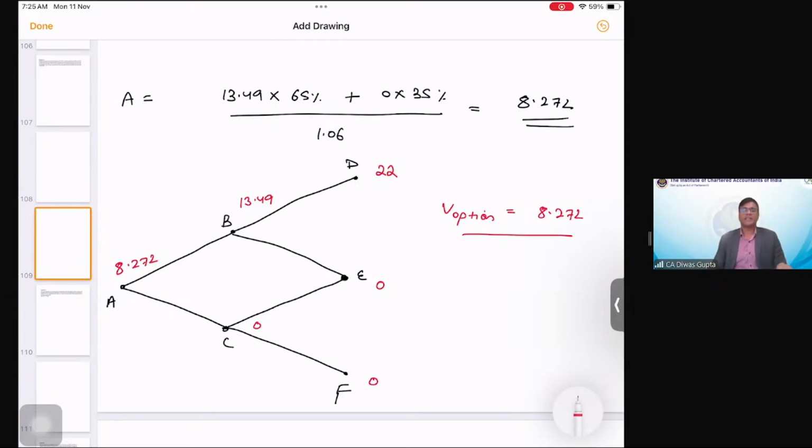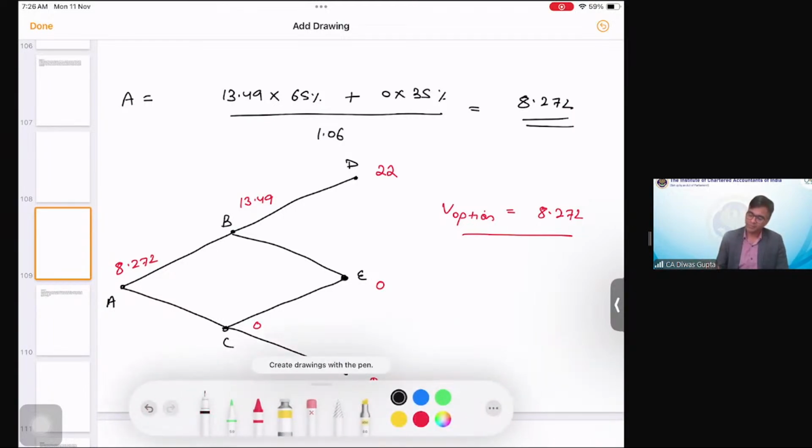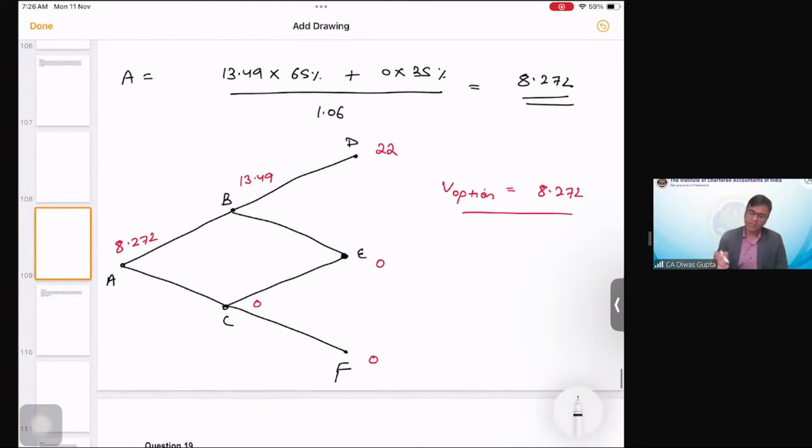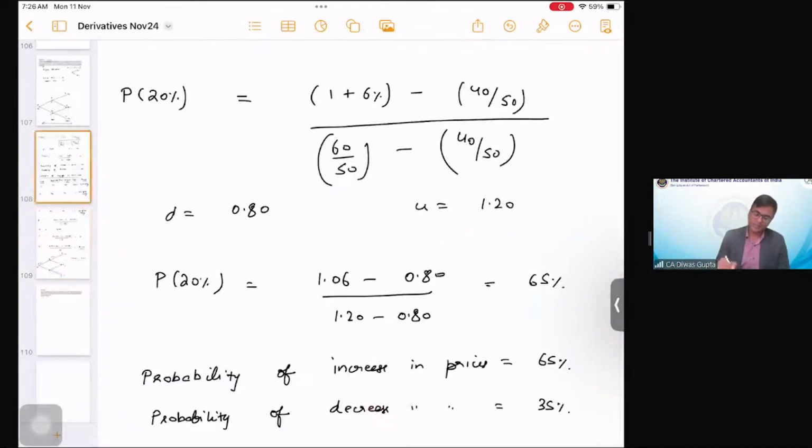Because option writer will say that basis all the probabilities and the binomial model, I will end up paying this much. So at least this much I am expecting as a premium. Okay. I hope this is clear, students.